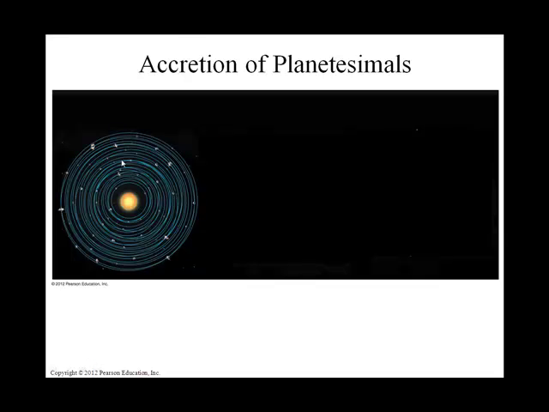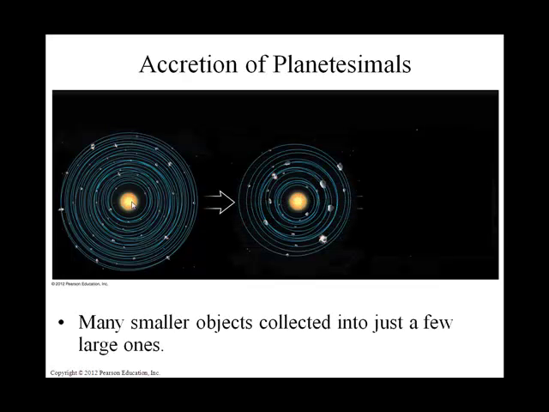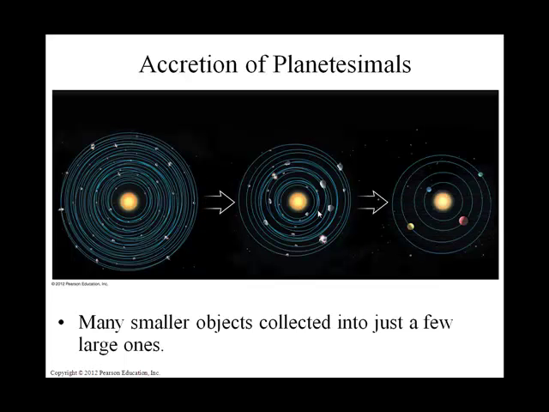So this would be the protoplanetary disk. This would be the star not yet turned on. And you kind of see from left to right, letting time do its thing, where we get larger and larger planetesimals. And eventually, the planets, what we say, clear their orbit.